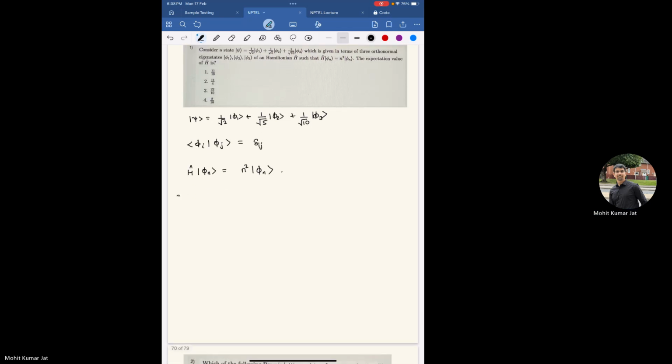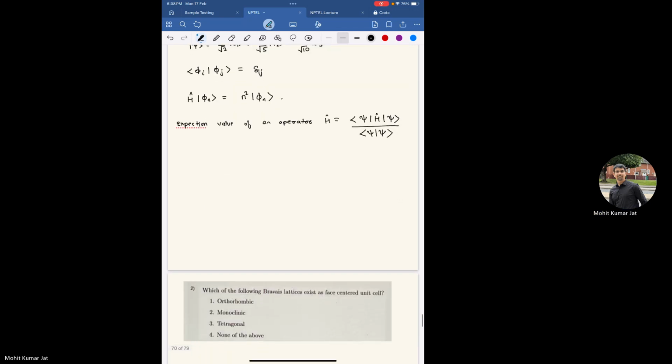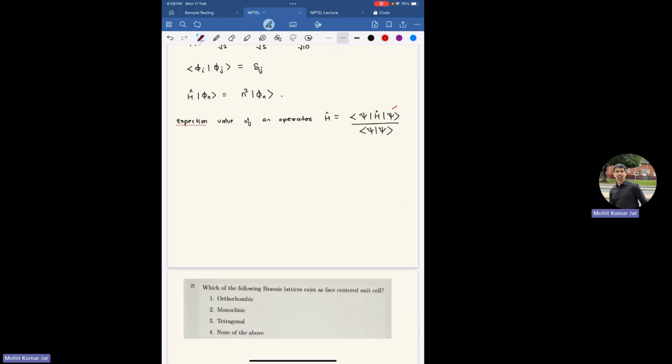So we know the expectation value of an operator h cap will be psi, h cap psi, divided by the normalization factor psi with psi. This is known as a ket, this is bra, and this is your Hamiltonian operator.